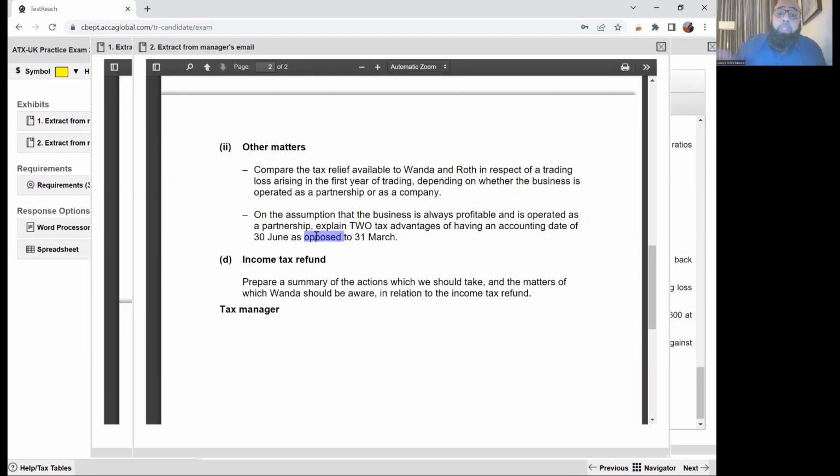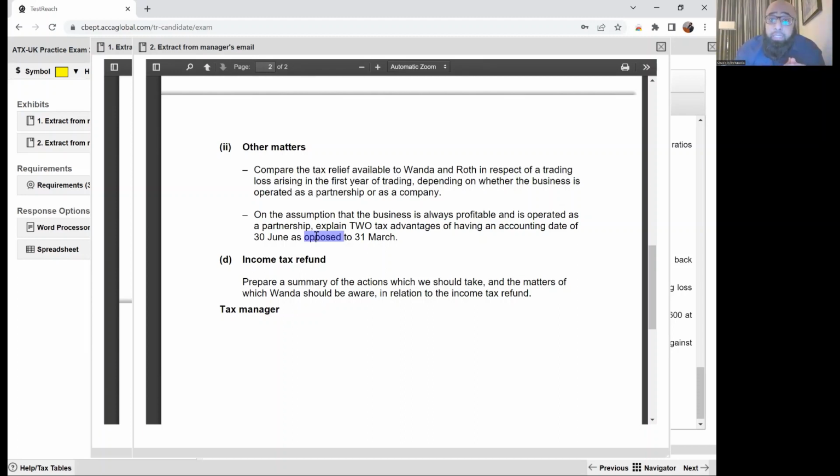So if you go for a year-end date of 30th June, you all know that you can get overlappings. In case of 31st March year end, there will be no overlapping. If we go for a year end of 30th June, we can get overlappings. And in the first year of trade, normally the profits are low. You can refer to this from the summary notes.